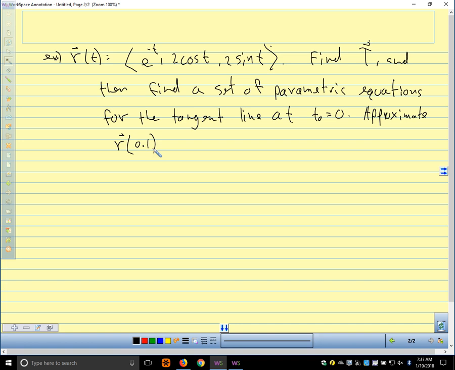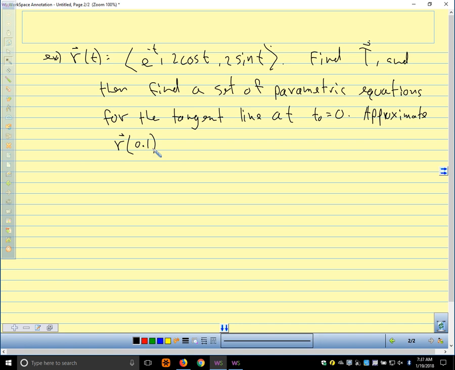All right, before we find our unit tangent vector, what kind of curve is this? A helix. It's going to be a helix. So we get the circular motion in the y and z component.